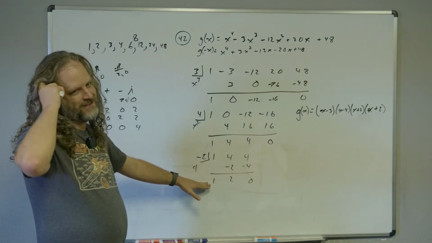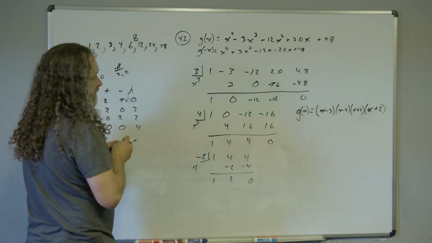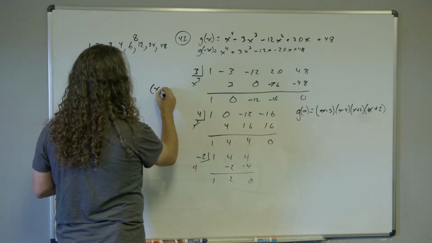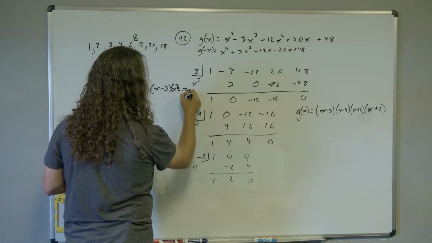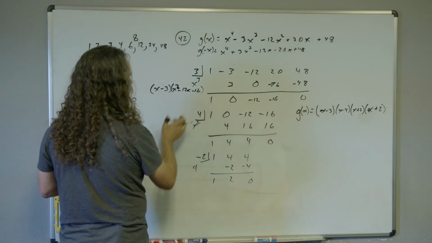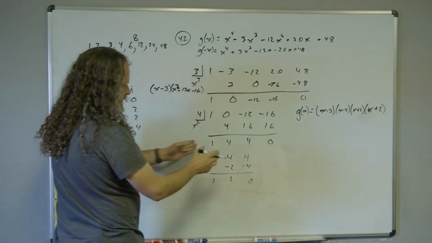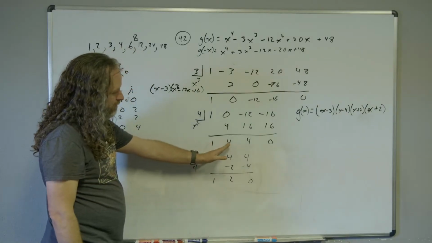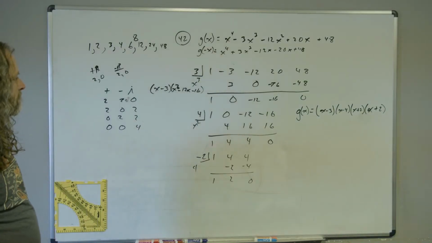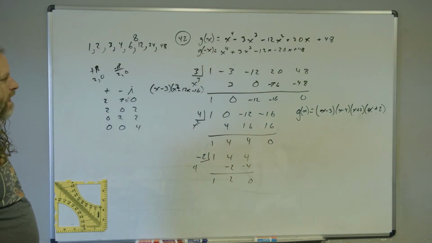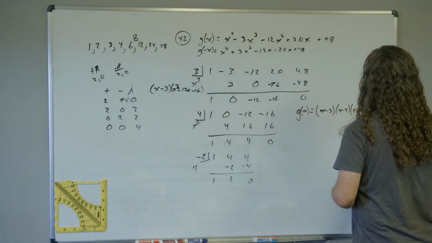Each time we factored it into x minus 3 times x cubed minus 12x minus 16, and then again, x minus 3 times x minus 4 times x squared plus 4x plus 4. So we would write it like this, not write it twice.